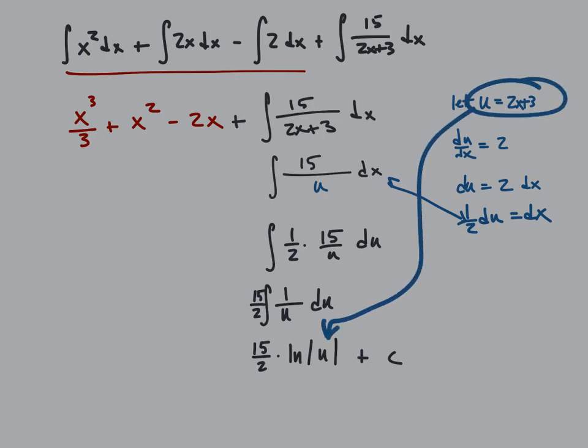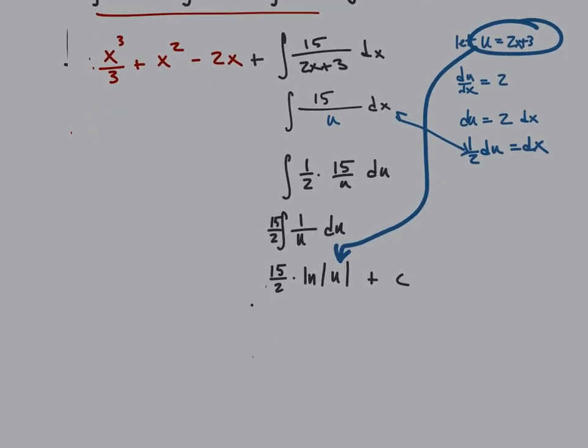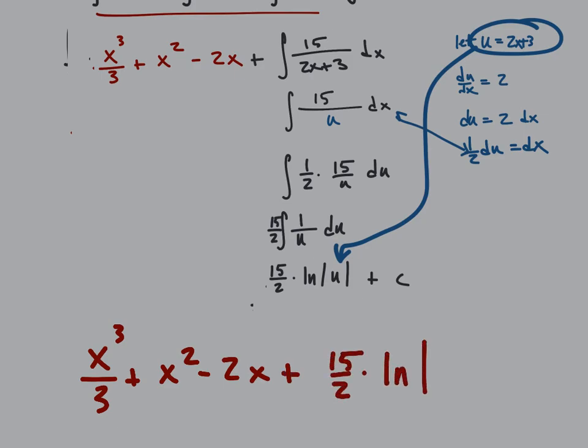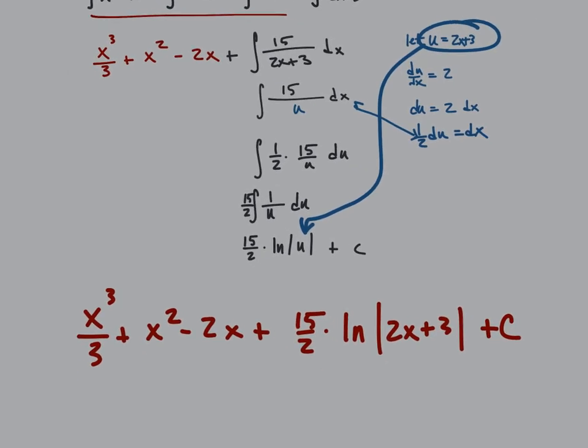And so our final result of calculating the antiderivative here is going to be x cubed over 3 plus x squared minus 2x plus 15 halves times the natural log of the absolute value of 2x plus 3, and then all of that plus c. And that is your final result from doing this.